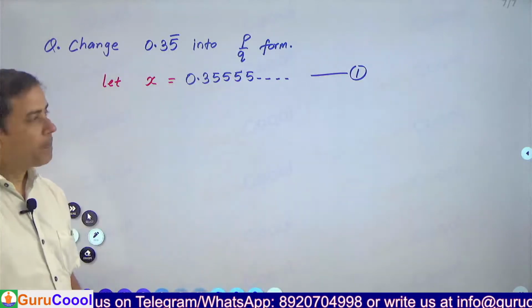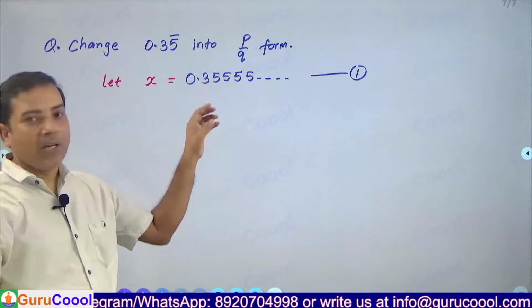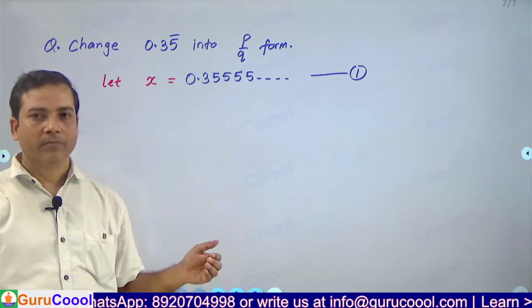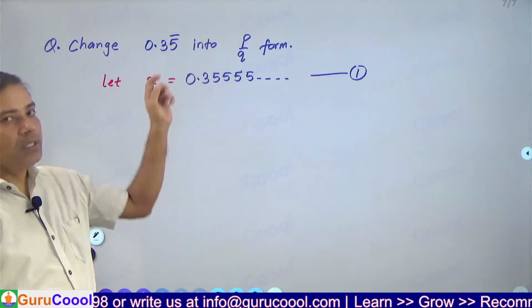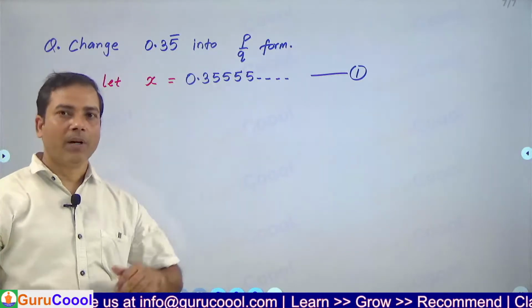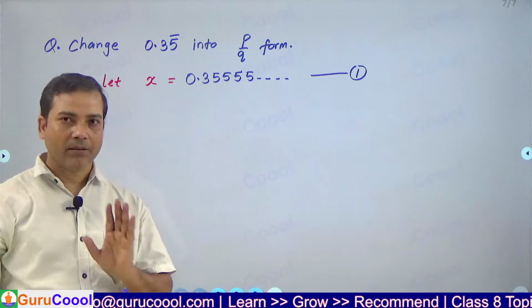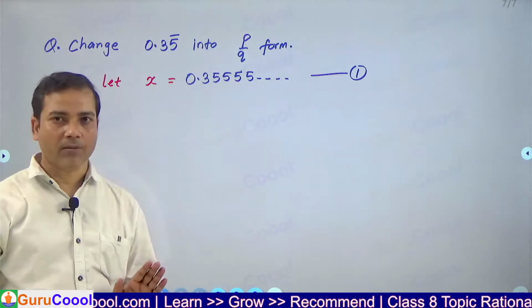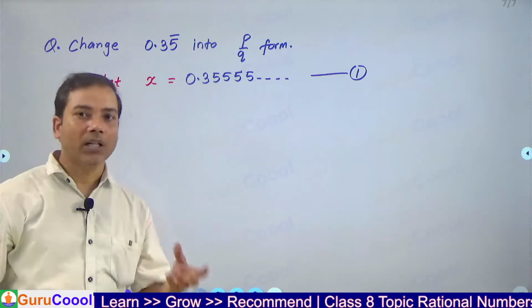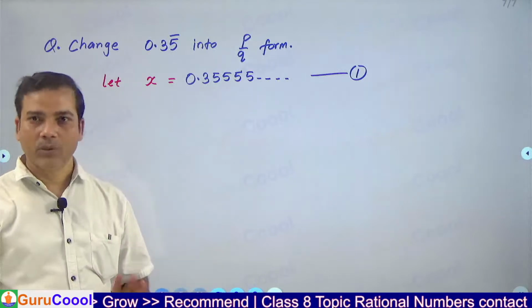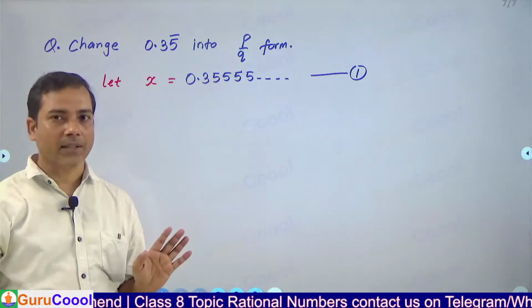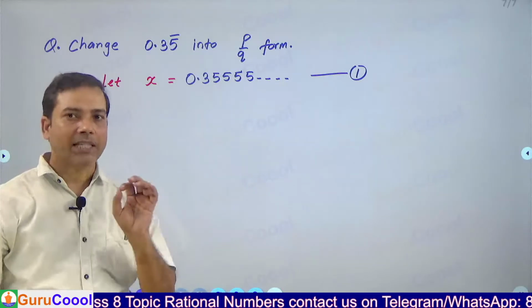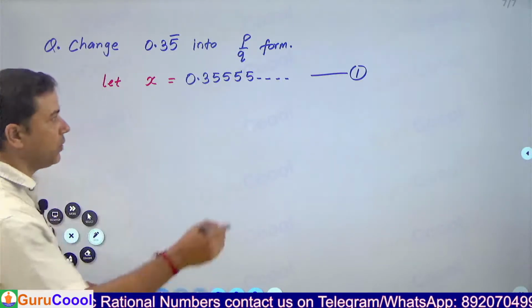If you multiply with 10, that will be okay. Only one digit has the bar sign, so multiplying with 10 is enough. Multiplying with 100 would also work, no problem, but just 10 is enough. Let us do it.